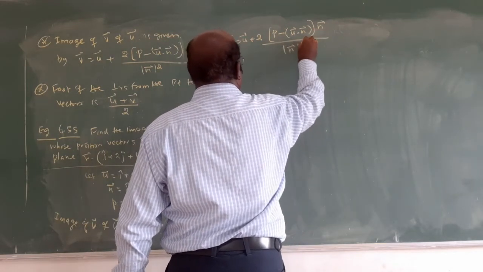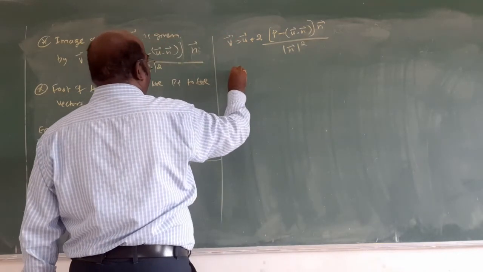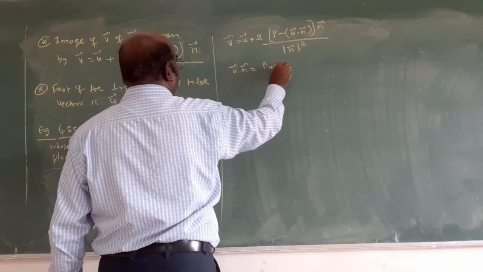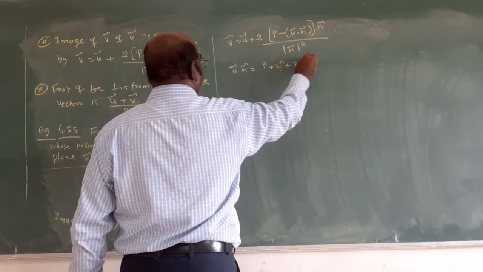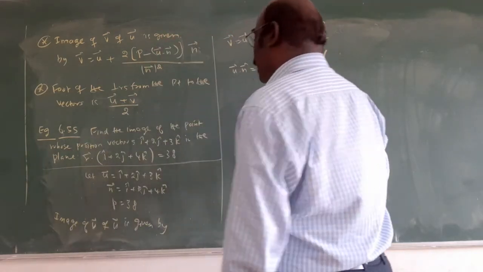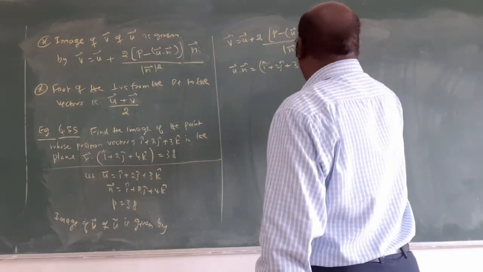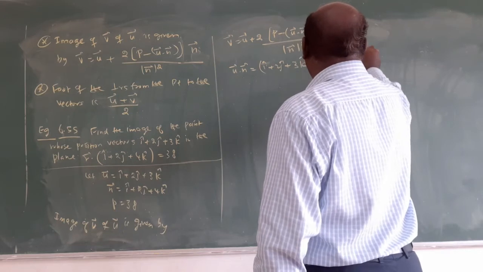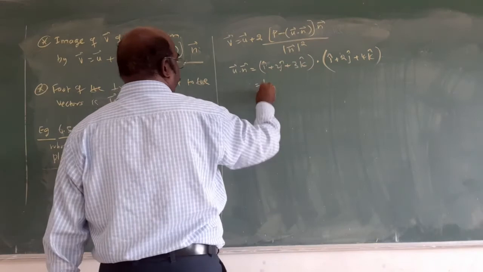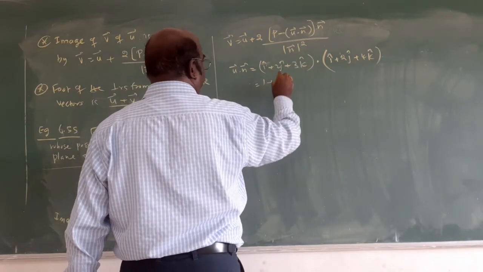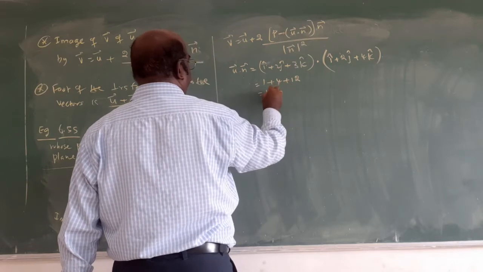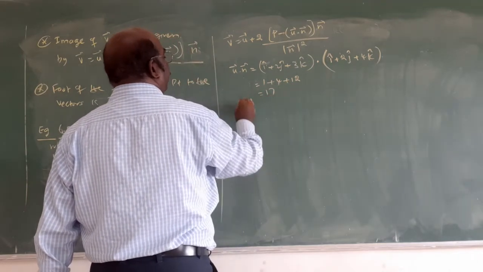Am I right? Now we want u dot n. U is i plus 2j plus 3k, dot n is i plus 2j plus 4k. Now i with i is 1, j with j is 4, k with k is 12. That is 17.